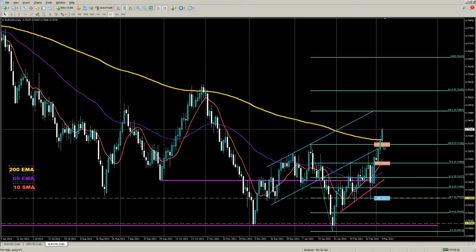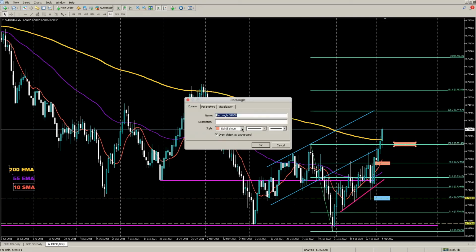Let's take a look at the Aussie dollar, and it has broken out higher above the daily 200 EMA right through the resistance zone. So that is now going to be support.